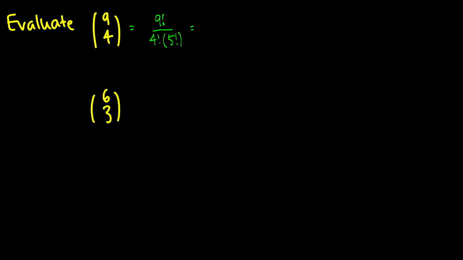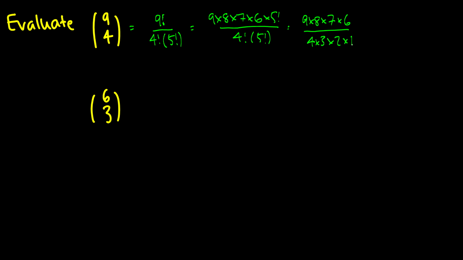So what we have here is we're going to have 9 times 8 times 7 times 6 times 5 factorial over 4 factorial times 5 factorial. You always want to cancel the largest factorial, so that way you're doing the least amount of computational work. So then we're going to get 9 times 7 times 8 times 6 over 4 times 3 times 2 times 1. Now we can simplify things.